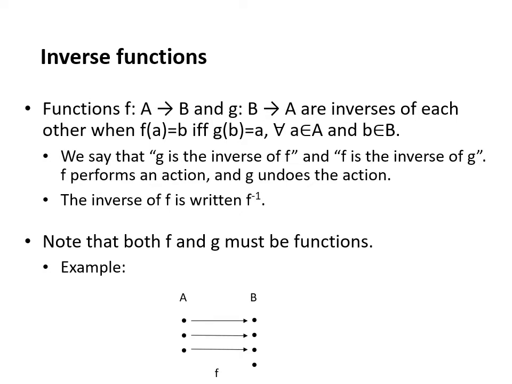So we have an example here of a function f that is drawn using an arrow diagram. And now the question is, is there a way to define a function g that is equal to f minus 1? And how would we achieve that? The same as for relations, we could try to simply flip these arrows in the other direction.